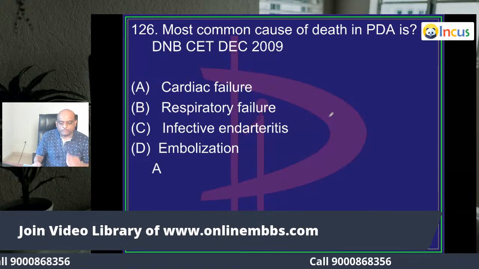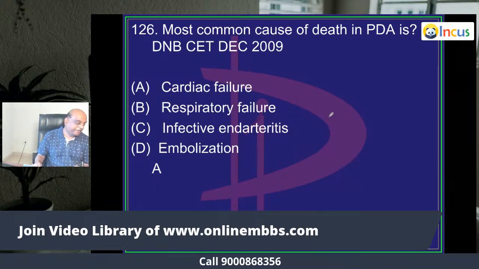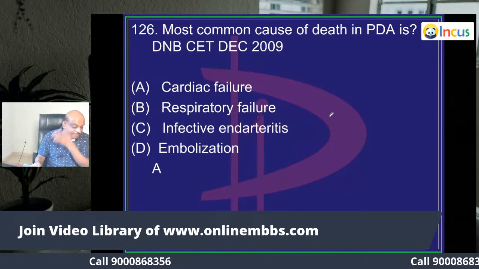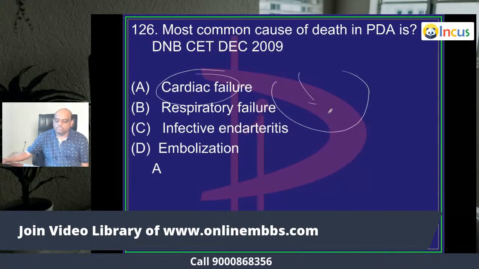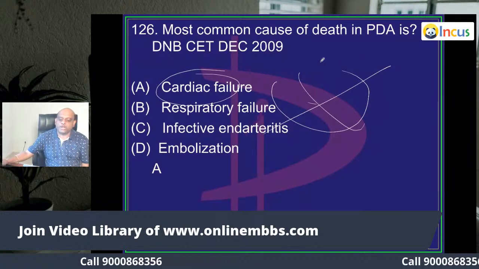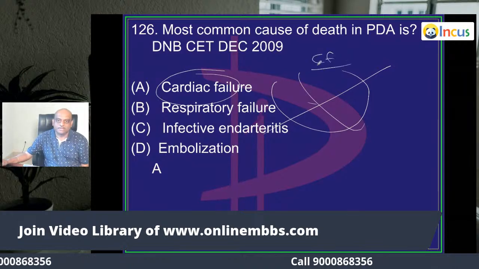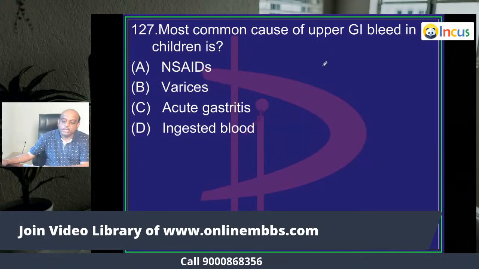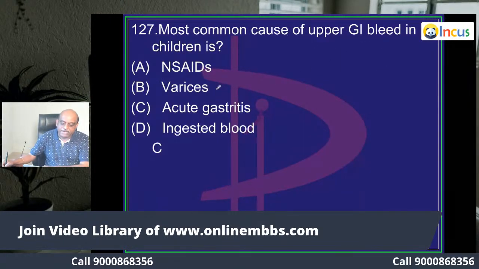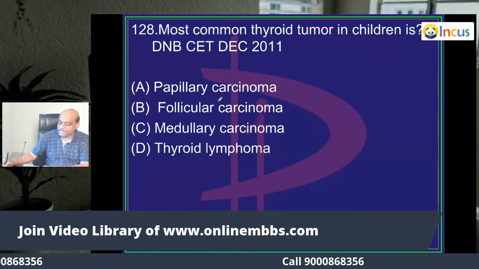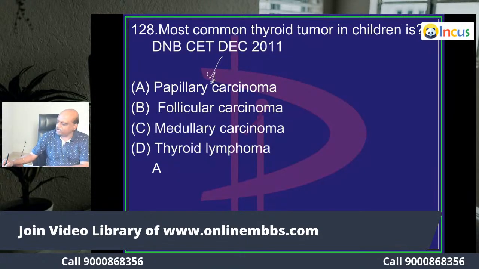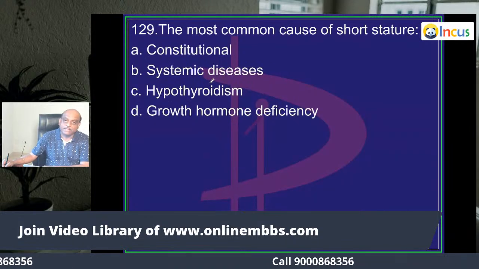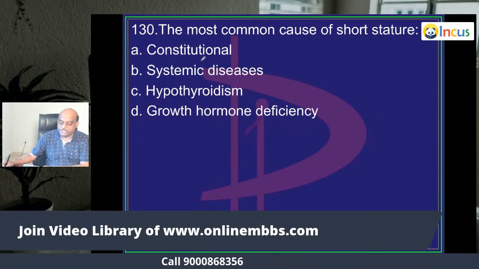The most common cause of death in PDA, patent ductus arteriosus, typically leads to a high output cardiac failure. So CHF. The most common cause of upper GI bleed in children is acute gastritis. The most common thyroid tumor in children and adults, papillary tumor. The most common cause of short stature is constitutional.